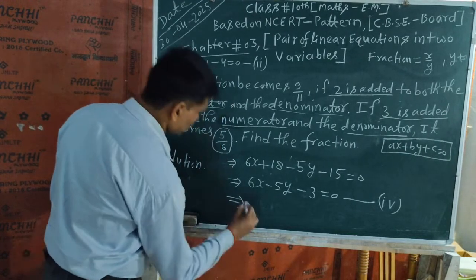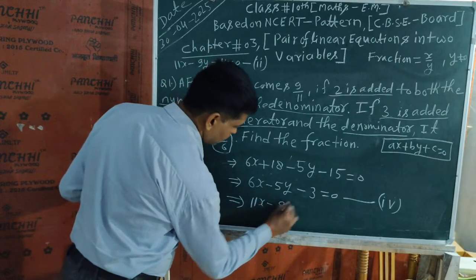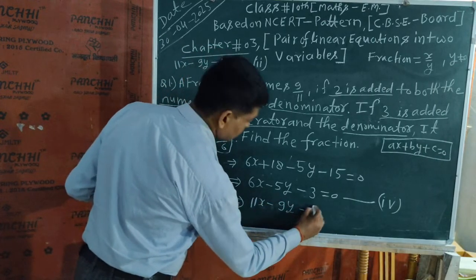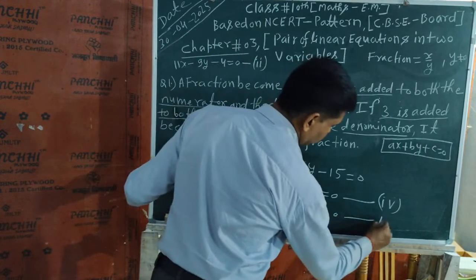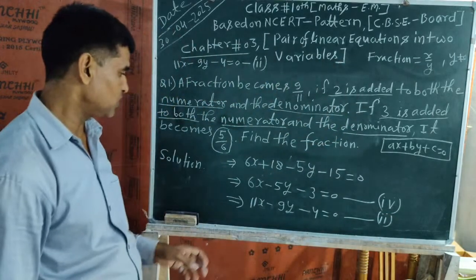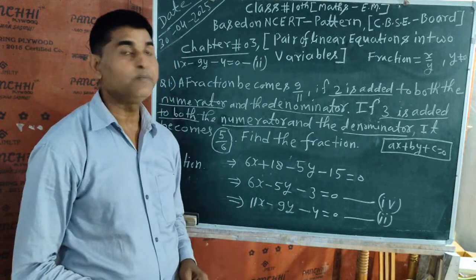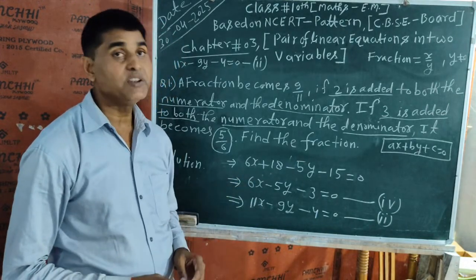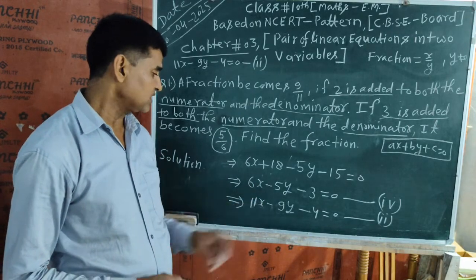So here I am also going to write 11x minus 9y minus 4 equal to 0, and this is equation number second. These two equations I combine, so I say this is the pair of linear equations in two variables, where the variables used are x and y.